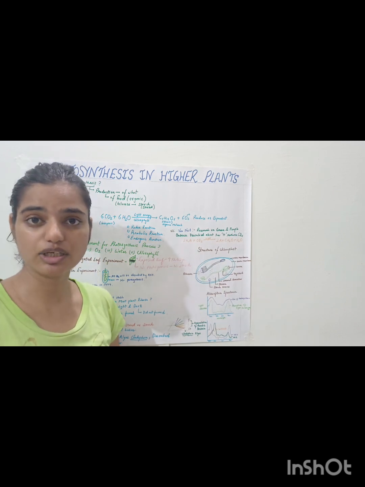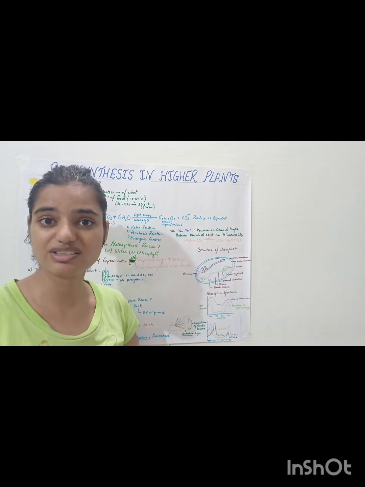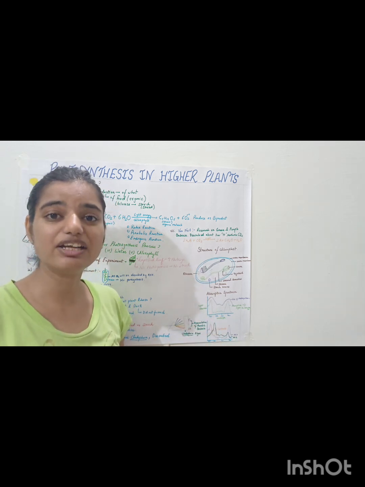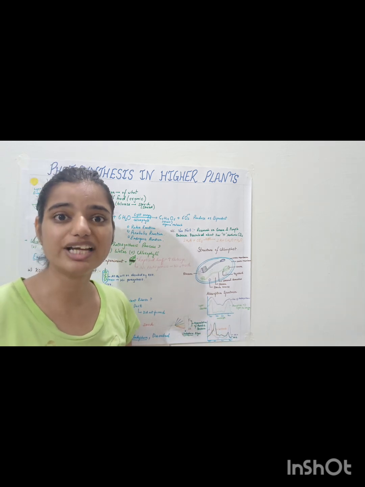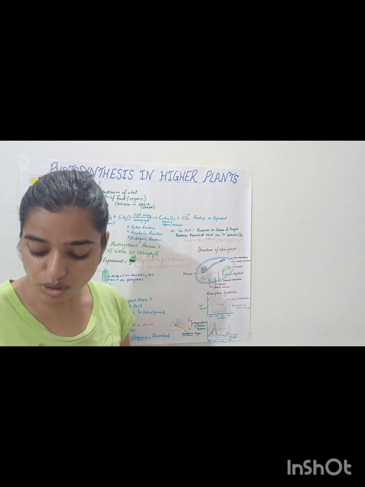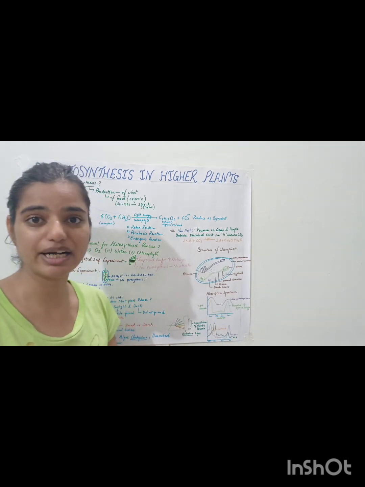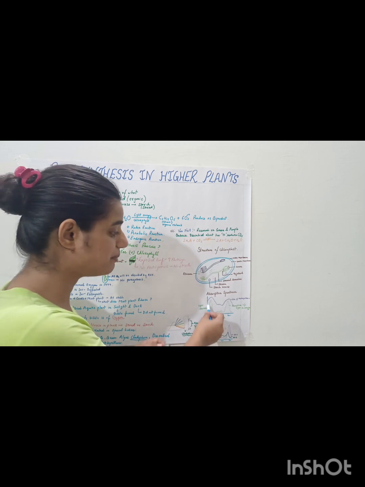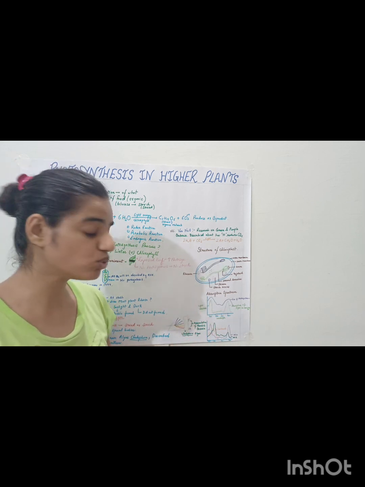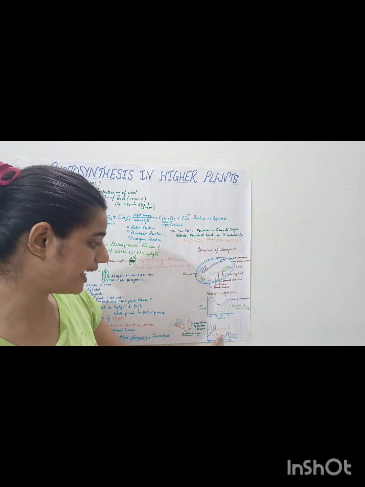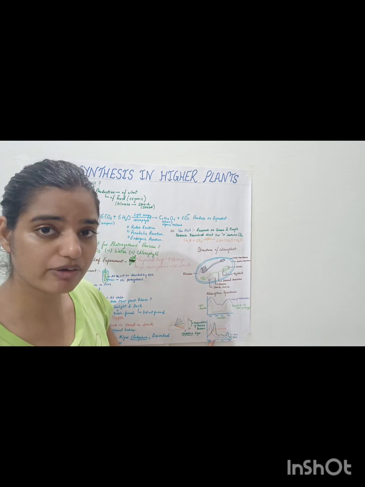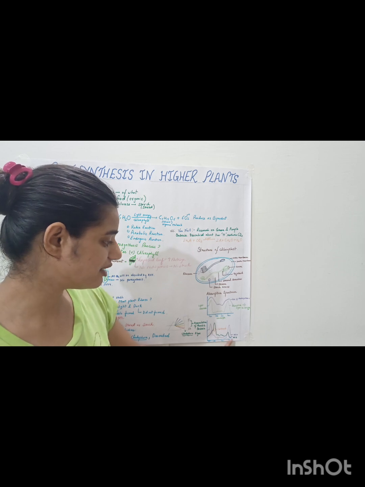In that particular region only the process of photosynthesis is occurring. The plants have different pigment molecules: chlorophyll a, chlorophyll b, carotenoids, xanthophylls. The major pigment responsible for photosynthesis is chlorophyll a, which gives the maximum absorbance between 400 to 500 and then 600 to 700.